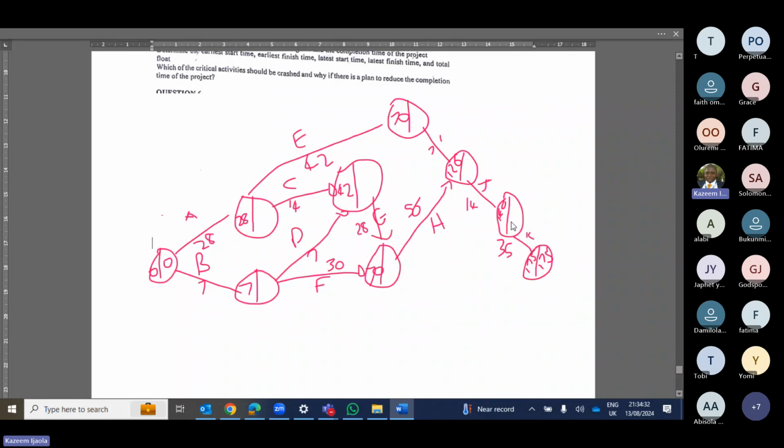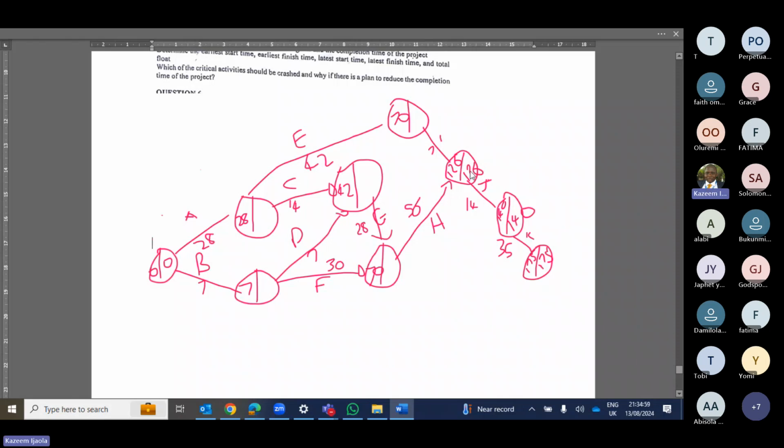So you put 140 here. Now 140 minus 14 will give us 126. Yes, 126.